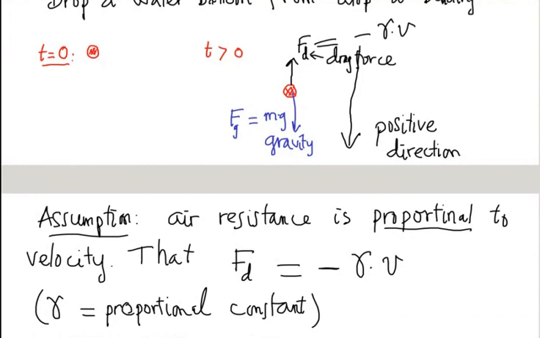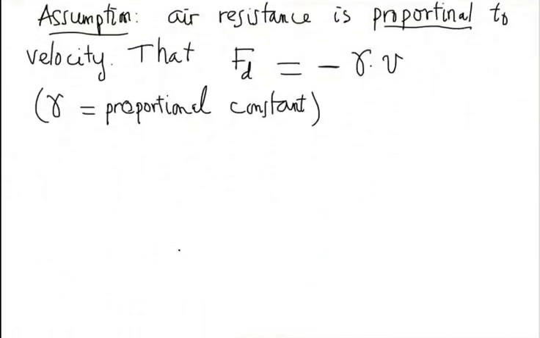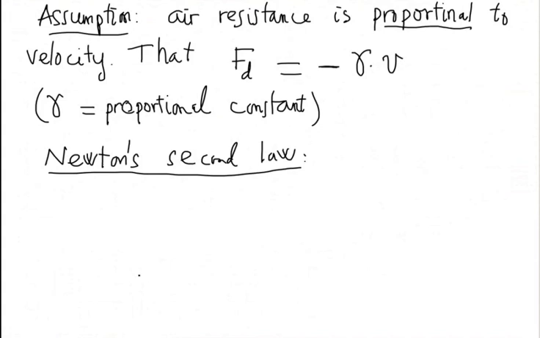So now we have the formulas for all the forces acting on the balloon. Now let's use Newton's second law, which says that the total of all the forces is m times a, where m is again the mass of the balloon and a is acceleration.